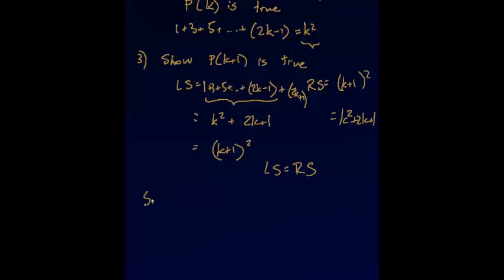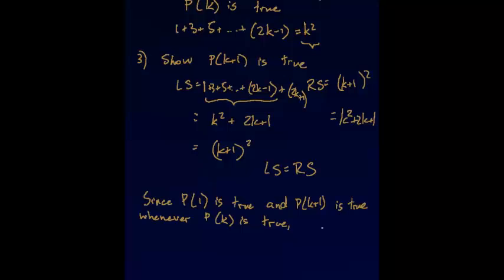So to write this, we say that since P1 is true, and Pk plus 1 is true whenever Pk is true, then that means Pn, this formula, is true for all n an element of positive integers.